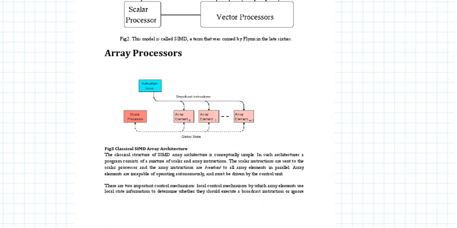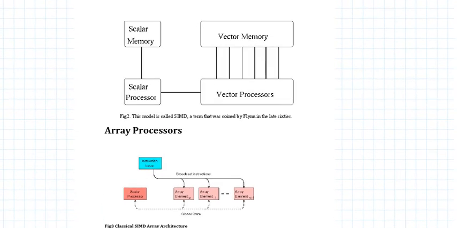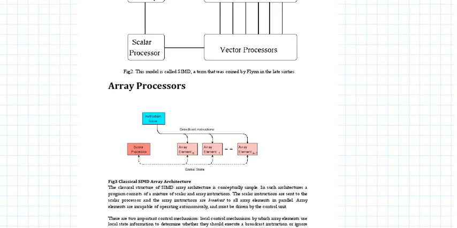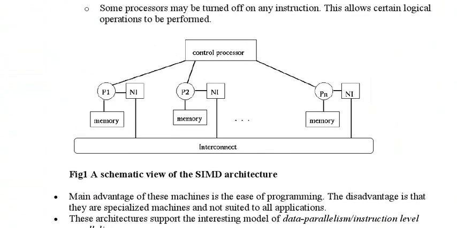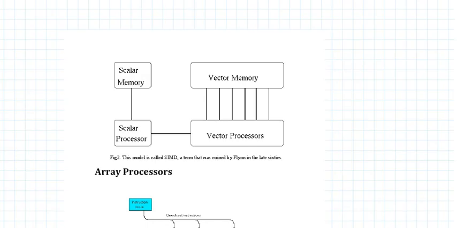So just have a look at this diagram once again. It is similar to the diagram coined by Flynn. You have a segment dedicated to instruction issue, right? So it is basically nothing but your control processor. What is the purpose of this instruction issue segment?